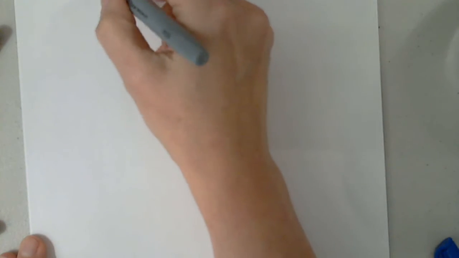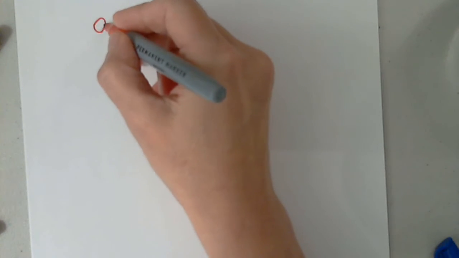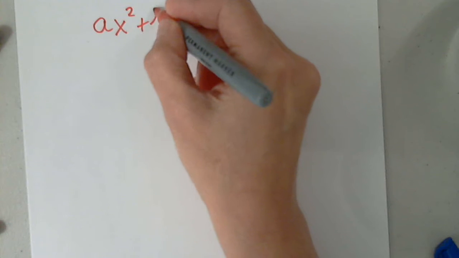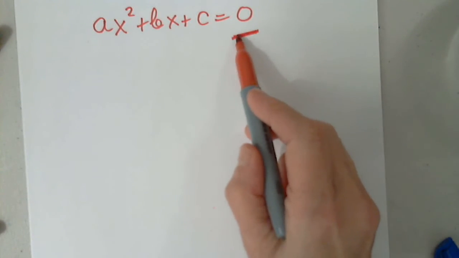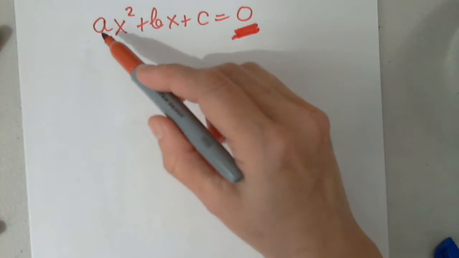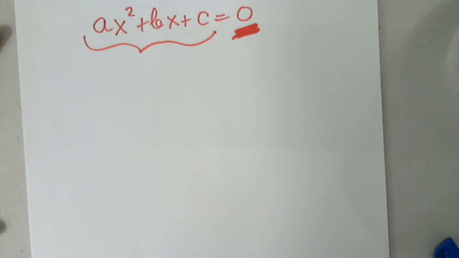The last method, I think I'm on page 4. Last method is quadratic formula. Only if the equation is presented like this. 0 on this side, and everything, all terms in descending order on the other.